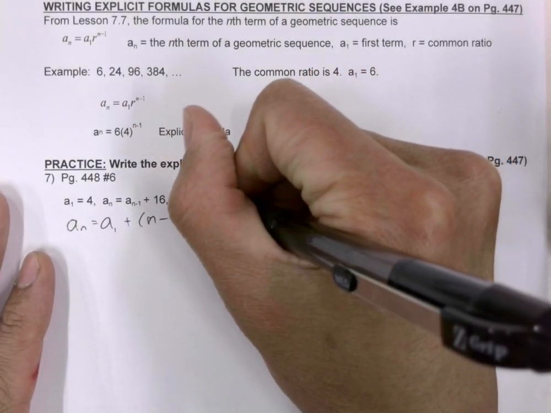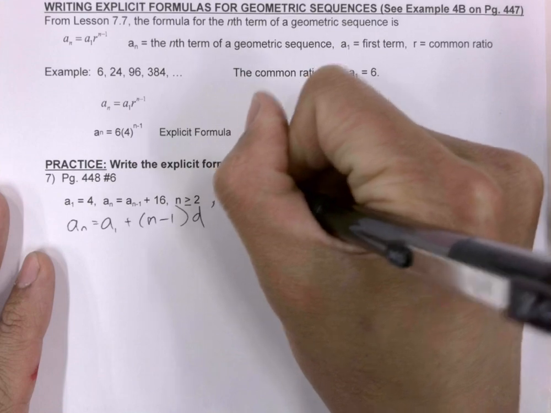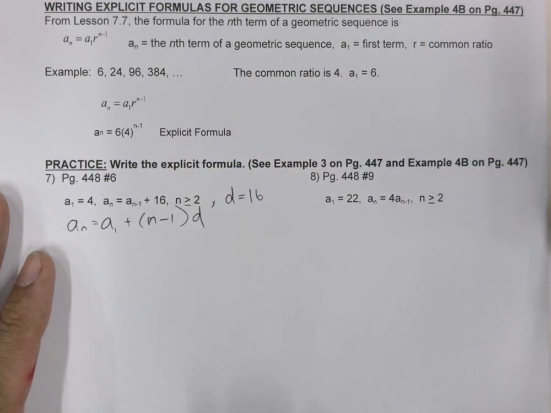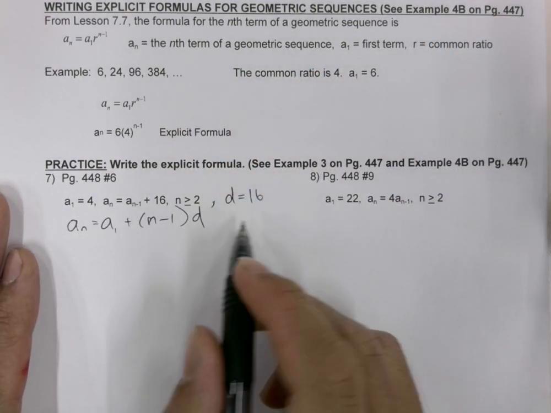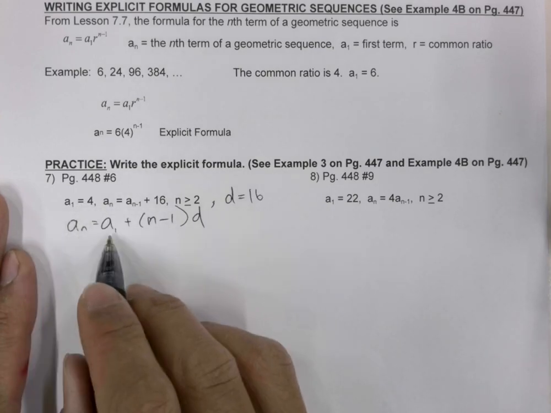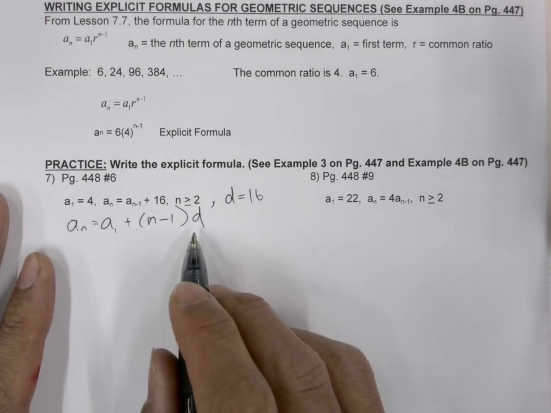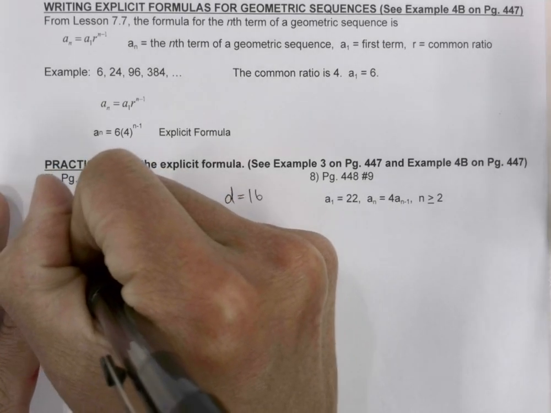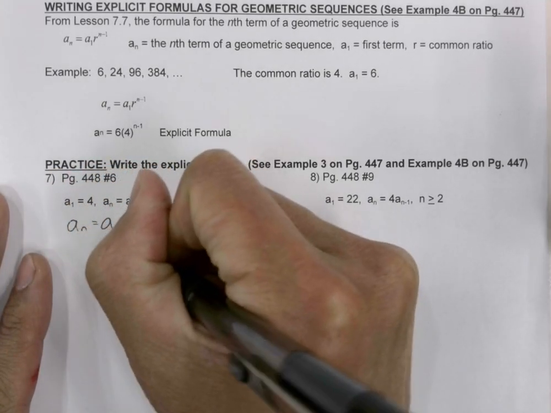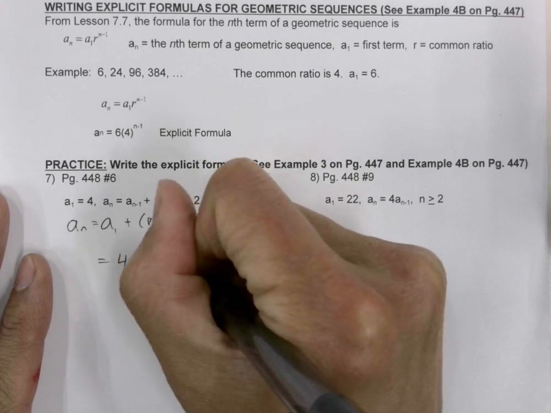So let's go ahead and write comma d is equal to 16. So if we go ahead and substitute in a sub 1 here and d here, what we get is a sub n is equal to 4 plus 16 times n minus 1.